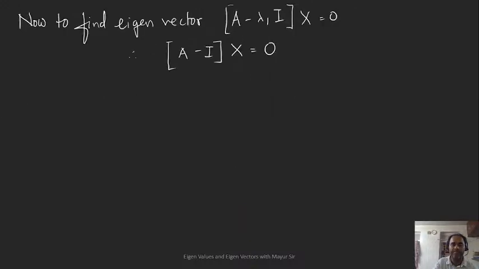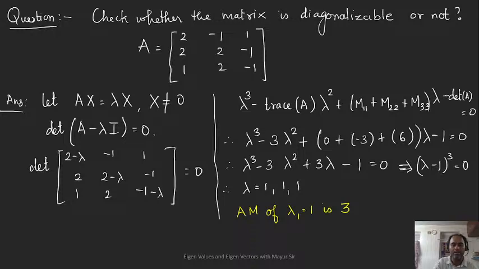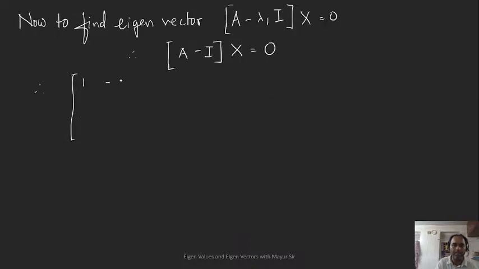This gives you the matrix 1, minus 1, 1, after that 2, 1, minus 1, and then 1, 2, and minus 1 and minus 1 is minus 2.